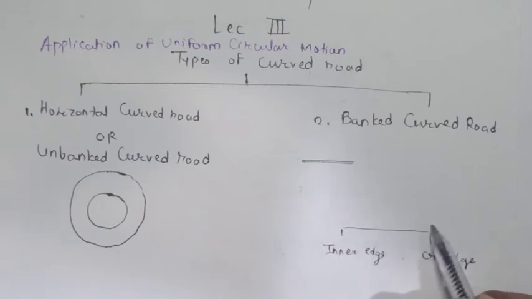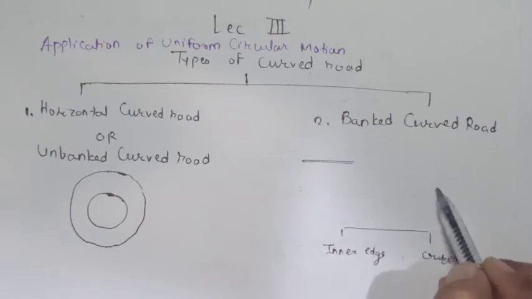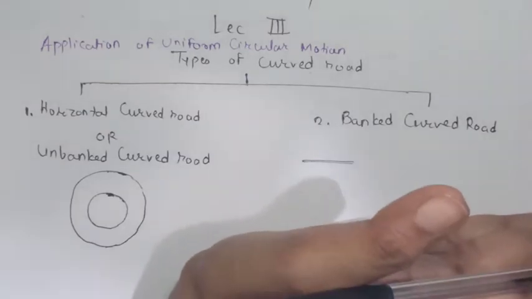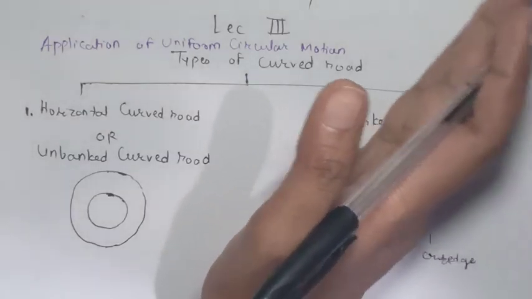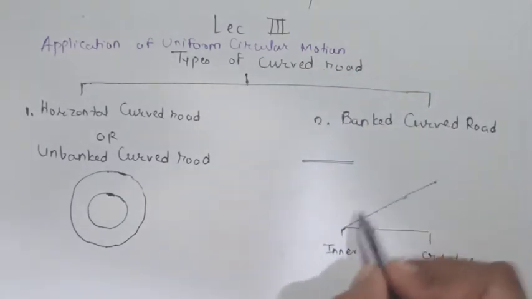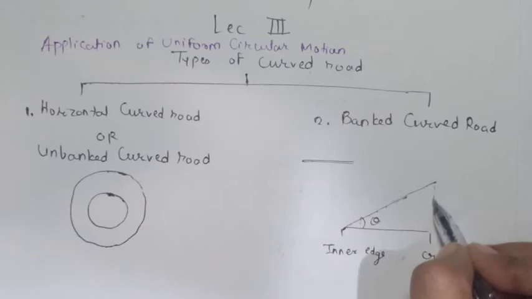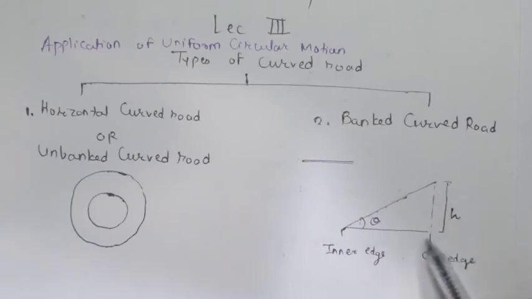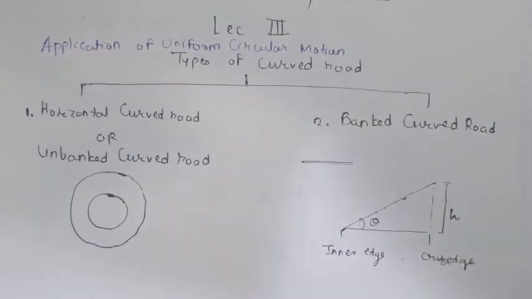The outer edge is raised by some angle theta. What does it mean? The road surface will make some angle with the inner surface. So it will look like this. This would be theta and this will be the height. So in a banked curved road, the outer edge will be raised by a particular angle theta. We will study it one by one.